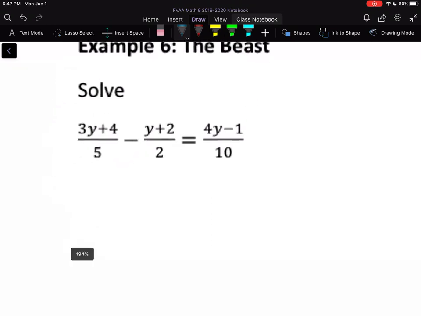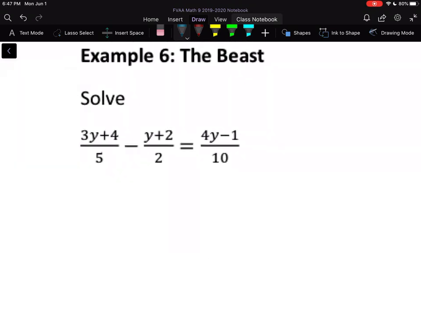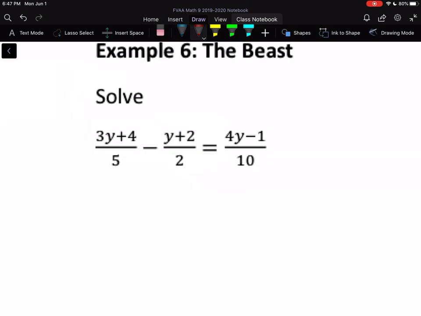And last question here, the beast. All right, in this question here, like I said, if you get a matching denominator, if everything is over 3, then you can actually multiply. So we want to have a matching denominator here. That's the key to solving something like this.